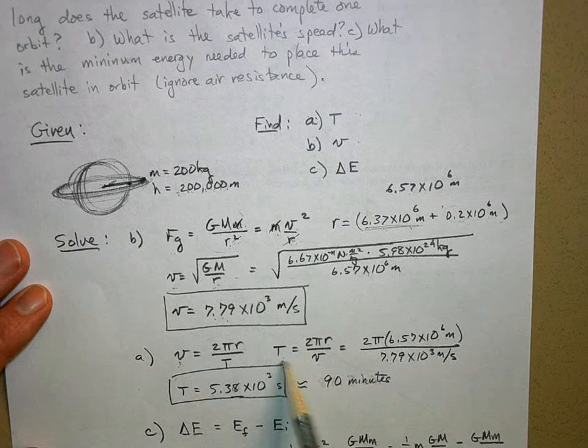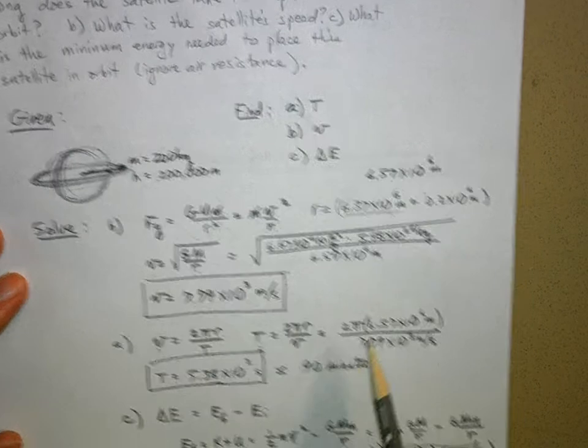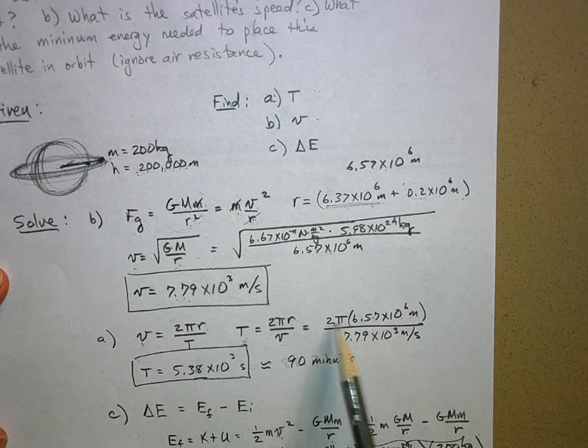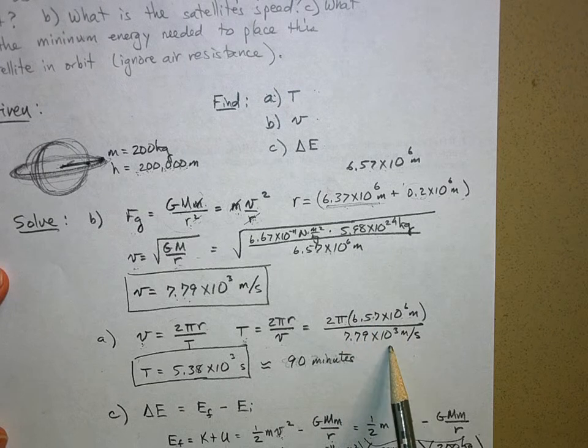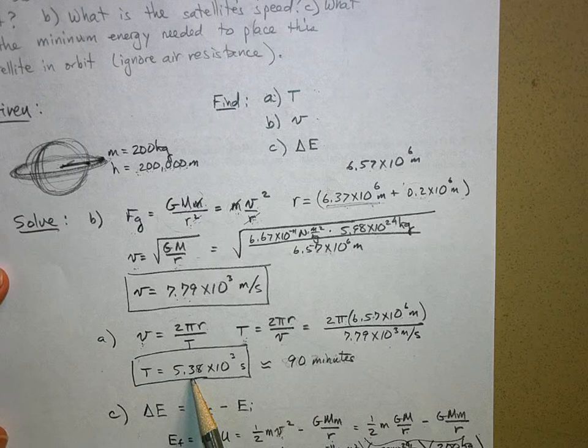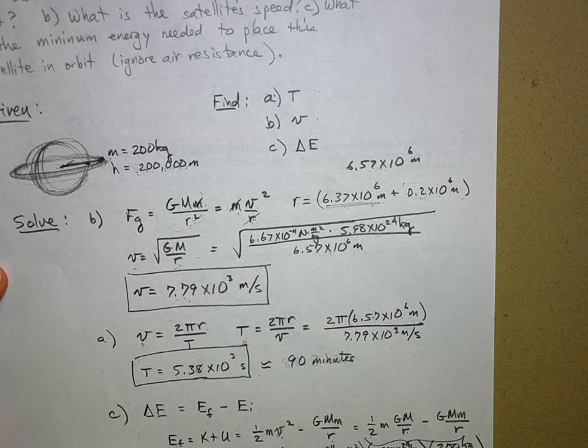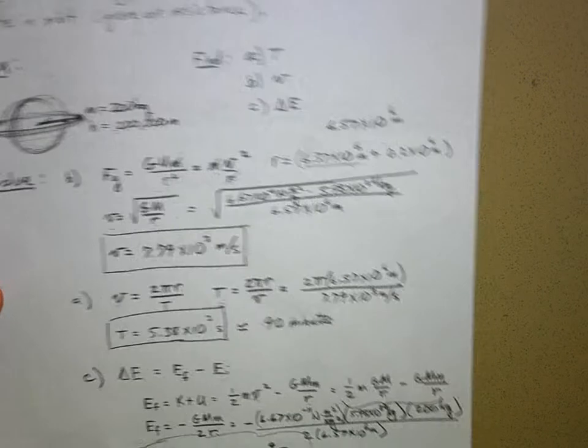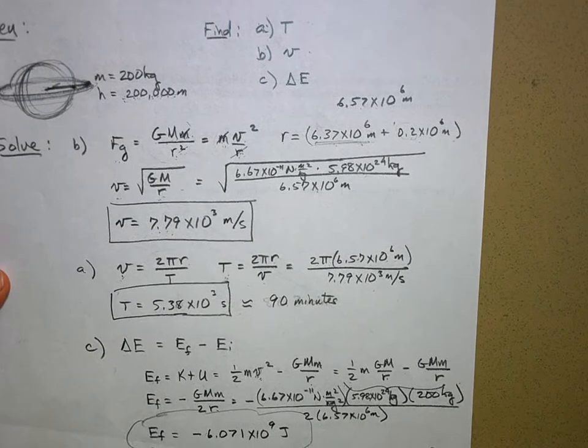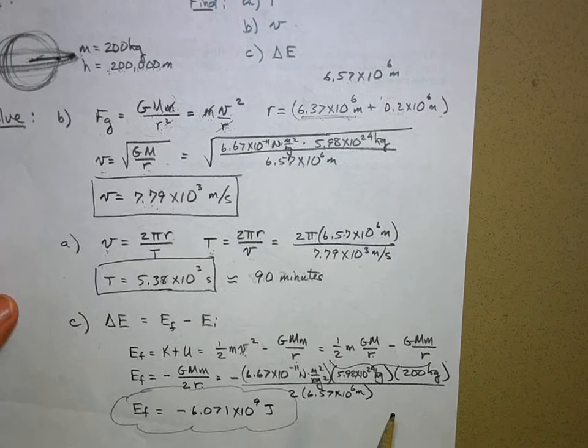So I just take that and solve for the period and plug in my calculated values as shown here. And here's my answer: 5.38 times 10 to the 3 seconds, which is about 90 minutes. And I know that's right. So, woohoo.